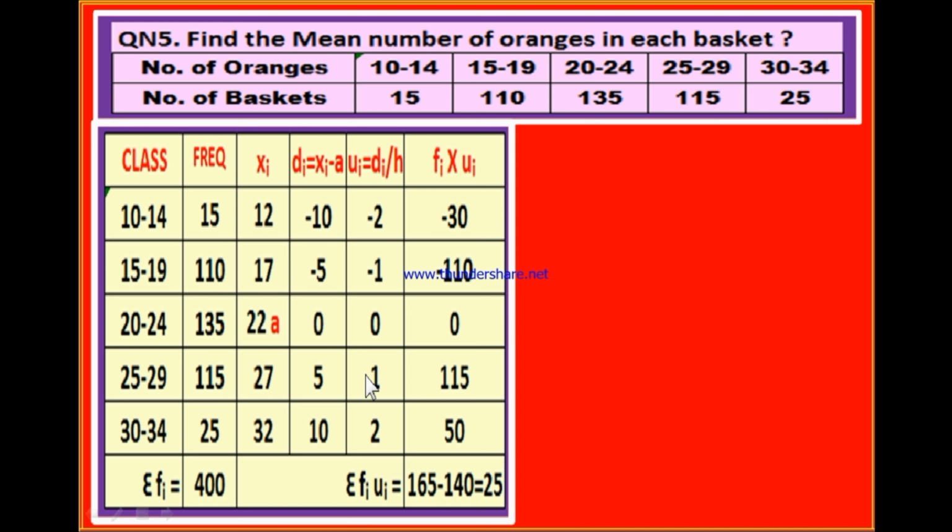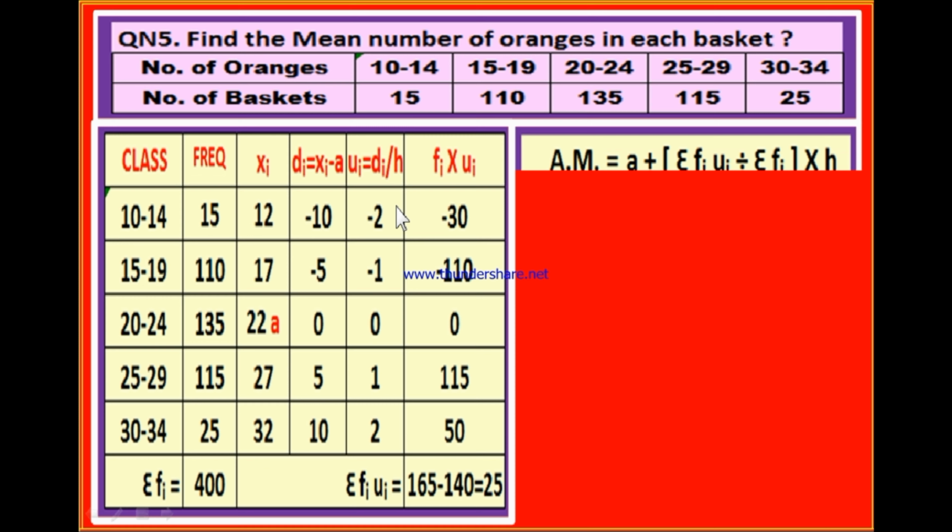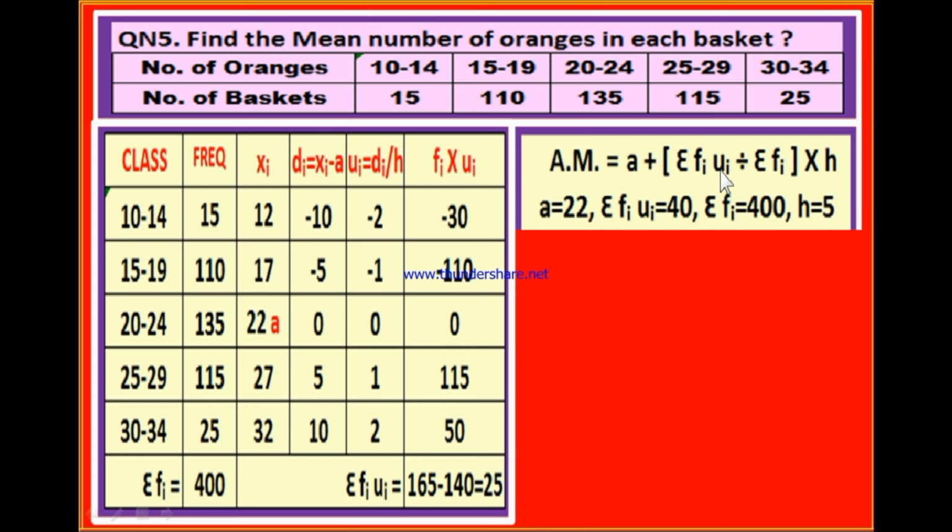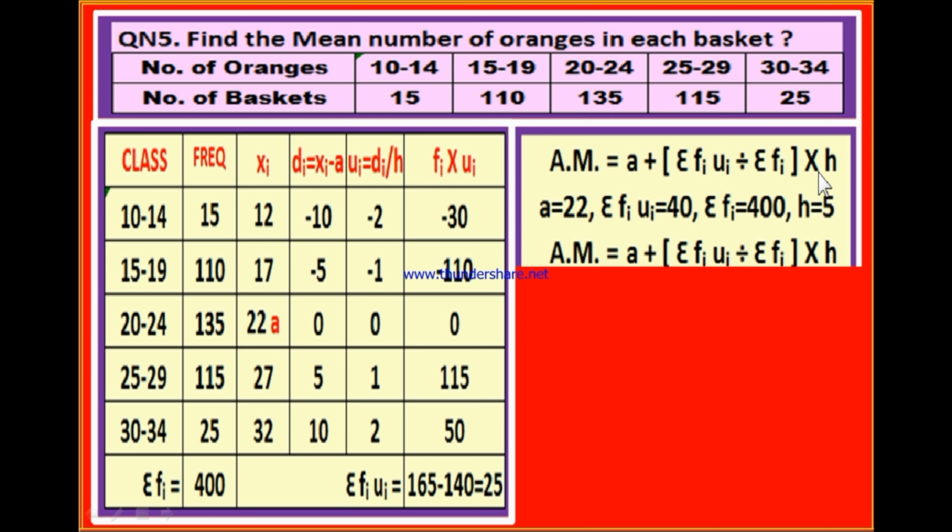Now, let us write the formula to find the arithmetic mean using the step deviation method. As you adopted the step deviation method, you write the formula: AM equals a plus sigma fi ui divided by sigma fi, into h.